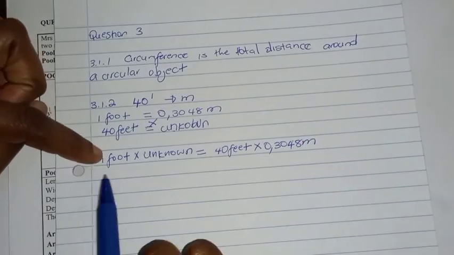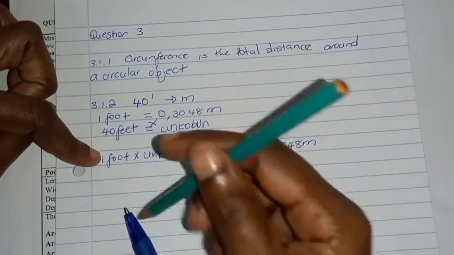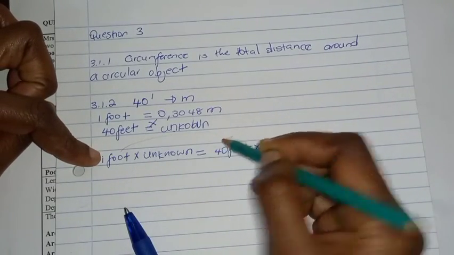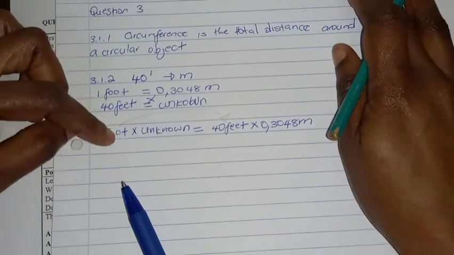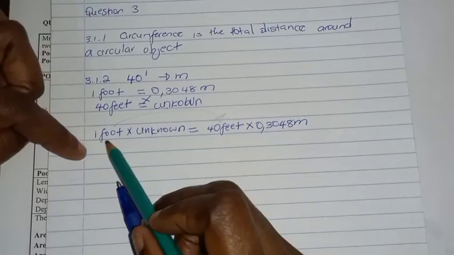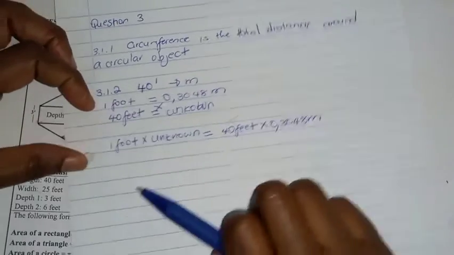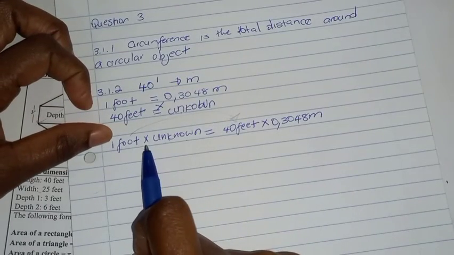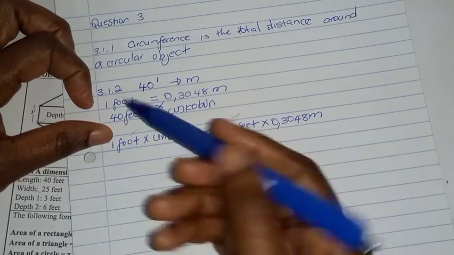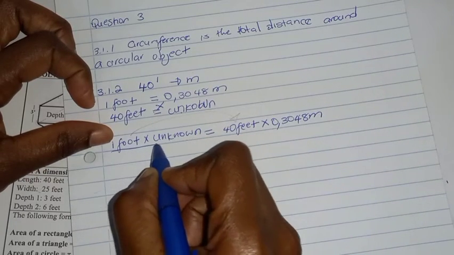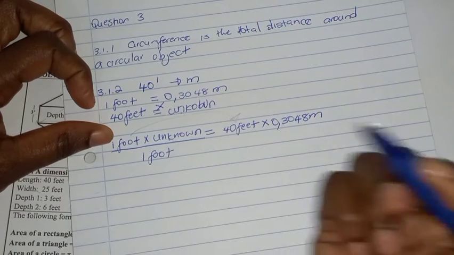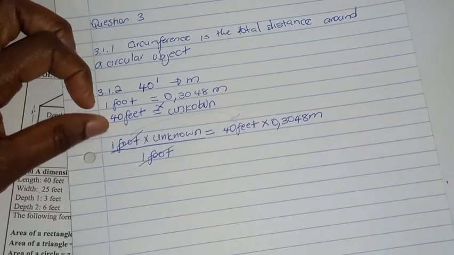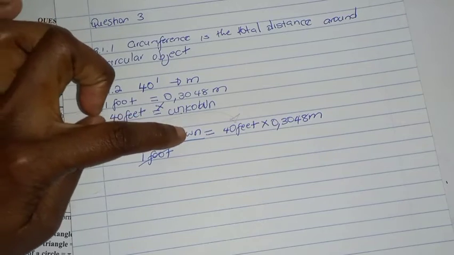In order for me to move this 1 foot to the other side, crossing the bridge, as my primary school maths teacher used to say, it has to change the sign. This time it's multiplying, and therefore what is the opposite of multiplying? It is divide. So you divide by 1 foot, and then we are left with just one unknown.